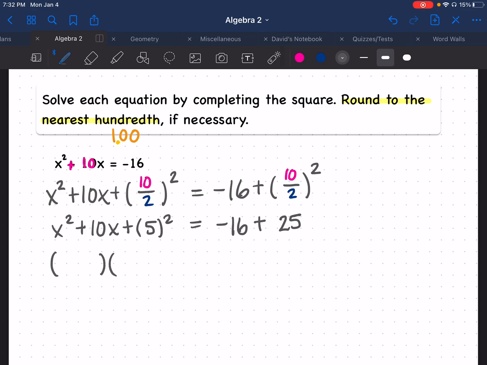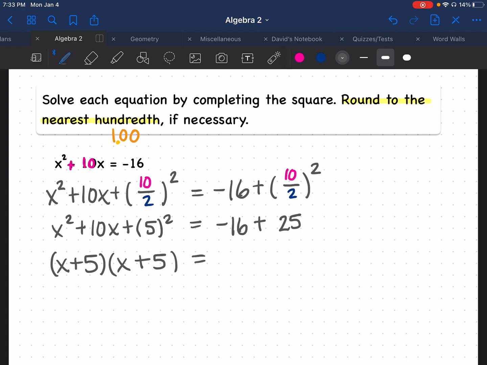To get my two factors, because this is a perfect square, x and x, and this number right here, which is the division of this, always the division, is what's going to go in with my x. Since it is a positive 5, I'm going to put a plus 5 with both of them.